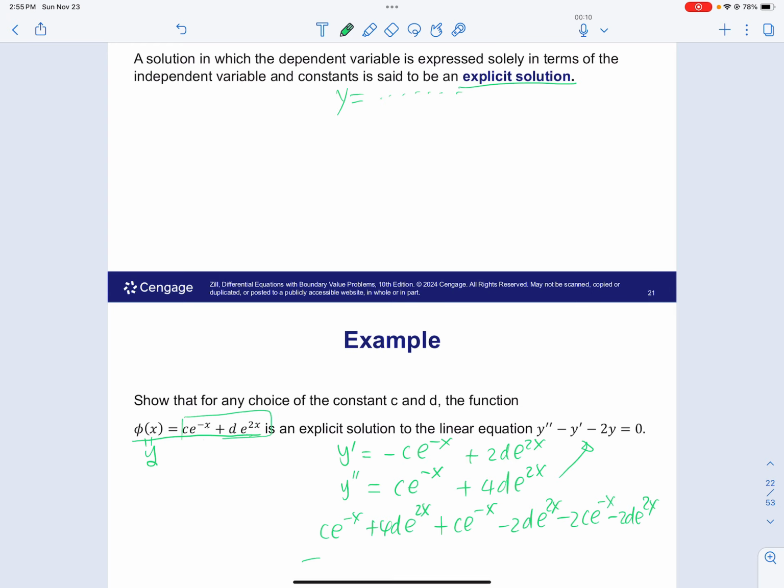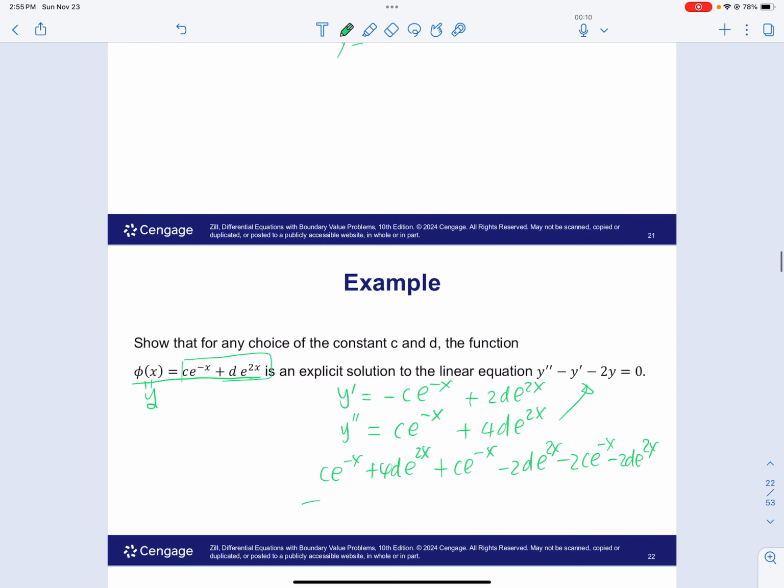What did you notice? What did you notice? c minus 2c plus c is always equal to 0. So what happened? It always works, yeah? And so I want to ask you a tricky question. How many solutions does this differential equation have? Somebody will tell me, infinitely many.